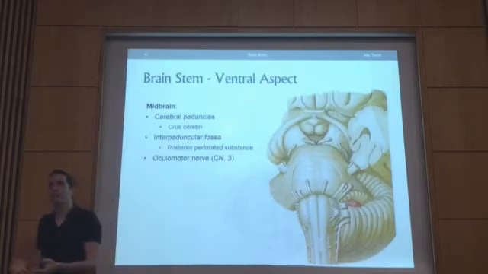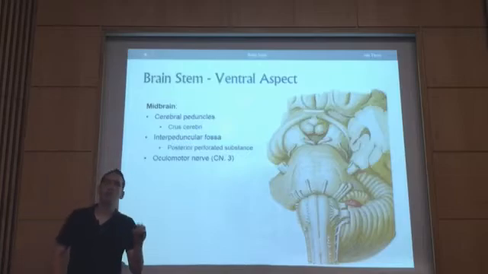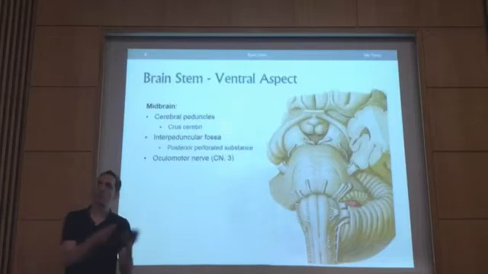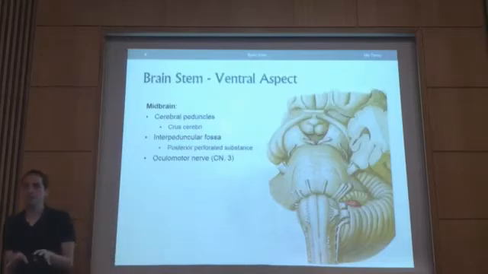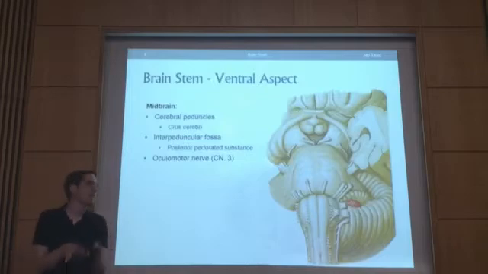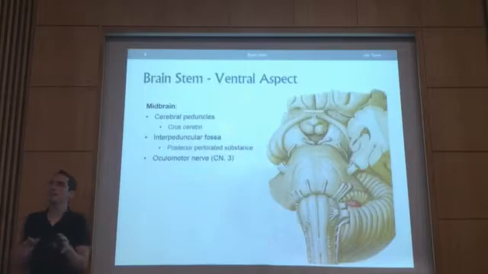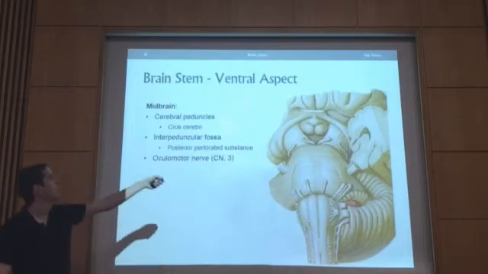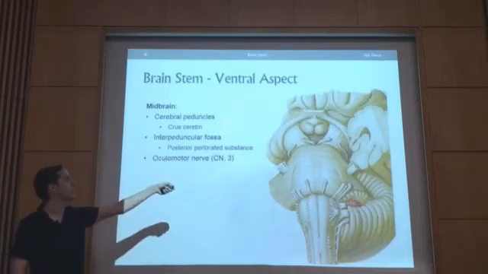Cranial nerves are nerves that leave the central nervous system through specific holes in the cranium. There are 12 pairs of cranial nerves, 12 from the right hemisphere and 12 from the left hemisphere, and 10 of them leave the brain from the brainstem. 2 of them are unique, and we'll talk about them later on. So this is the third cranial nerve.